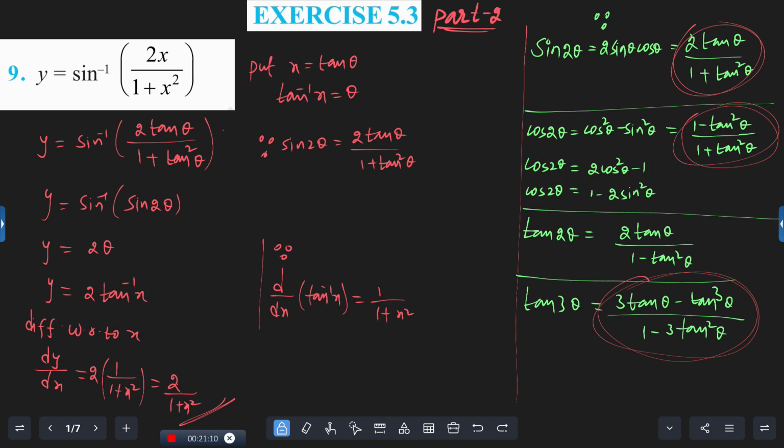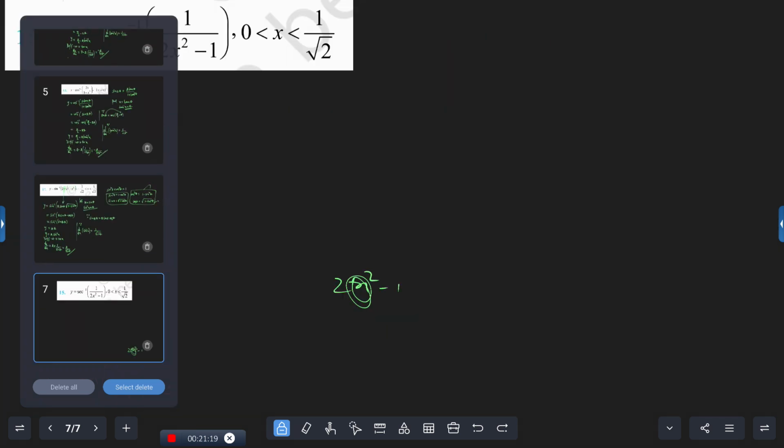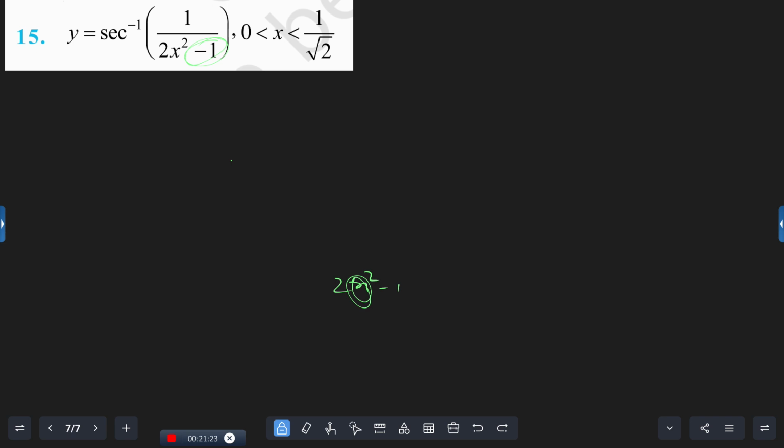Down also 1 is there: 1 minus 2 sine square. We don't have 1 minus in the question, we have minus 1. The formula, you must be very careful when you select. So cos 2 theta, which is equal to 2 cos square theta minus 1, is suitable.